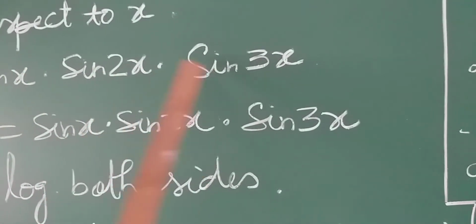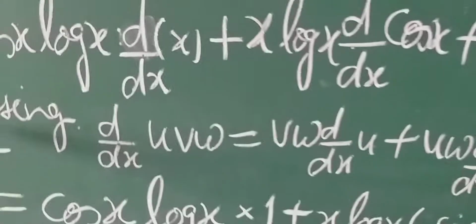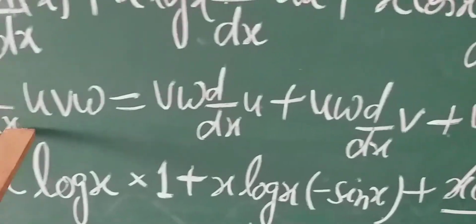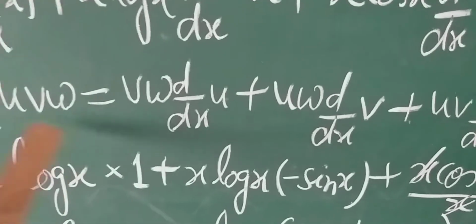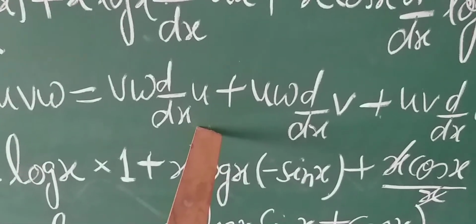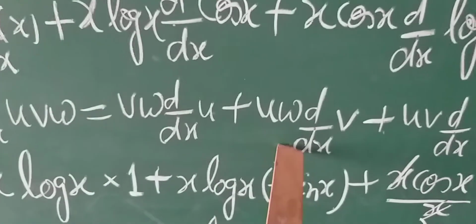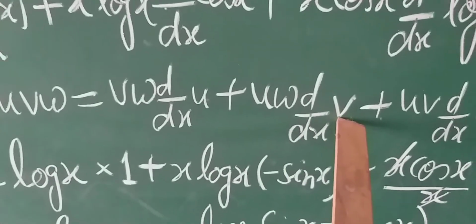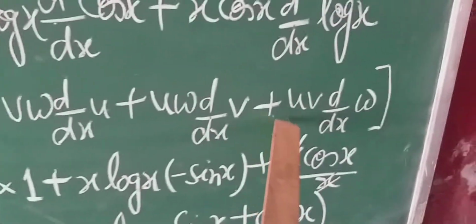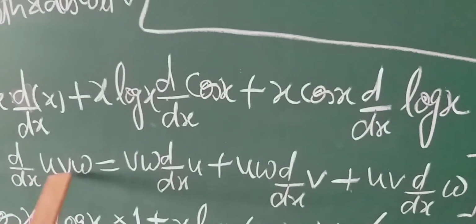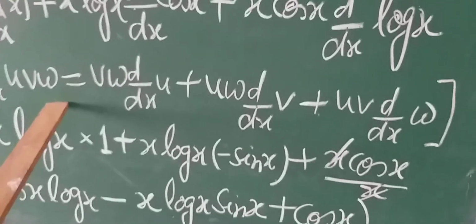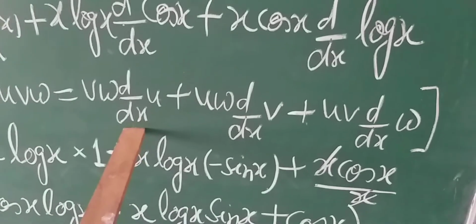When three terms are given in the form of product, we can use this property: dy by dx of uvw equals, first we will write vw as it is, differentiation of u, then we will write uw as it is, differentiation of v, plus then we will write uv and differentiation of w. So when three terms are given in the form of multiplication, then we can use this property students.